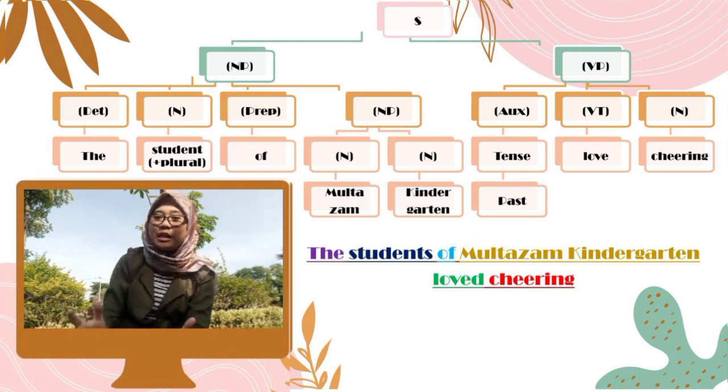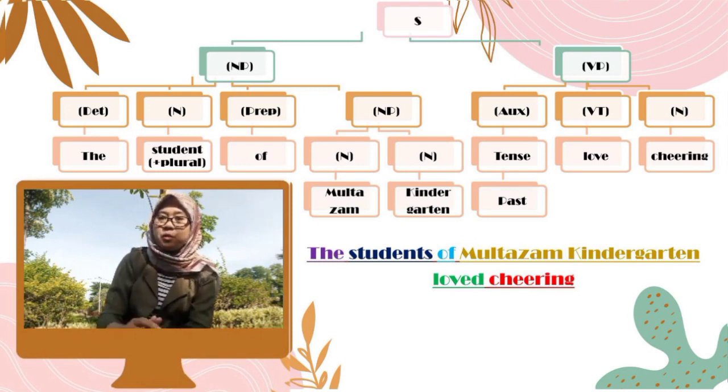The noun phrase of the sentence is the students of Multazam Kindergarten, which consists of the word the as the determiner. We code it as det. And then student as the noun. We state plural behind the word student, so we don't need to put the s.